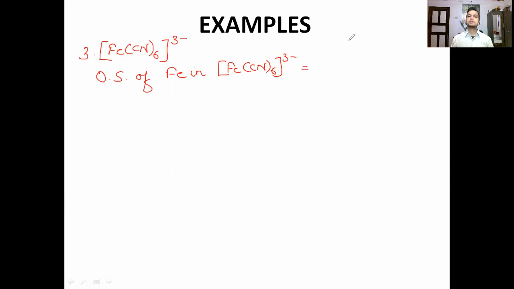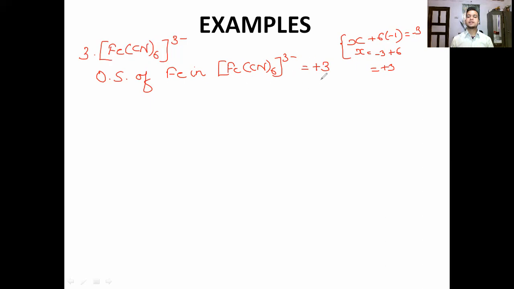How much will it be equal to? Again, let me show you. X, that is the oxidation state of iron, plus 6 cyanide, 6 times minus 1, CN minus, will be equal to minus 3. So X will be equal to minus 3 plus 6, which will be equal to plus 3. So this will be plus 3.